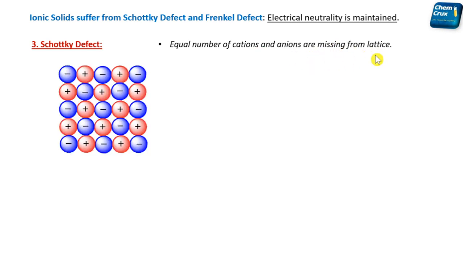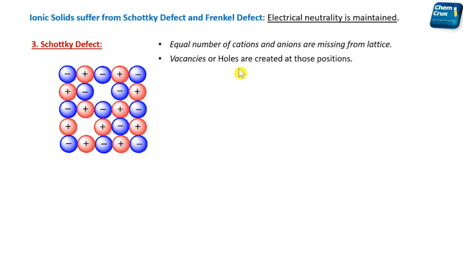This is a perfect crystalline ionic solid. Now, if one cation and one anion are missing from lattice sites, that is, an equal number of cations and anions are missing, it will give rise to Schottky defect. And since equal numbers of cations and anions are missing, the electrical neutrality of the solid is maintained.